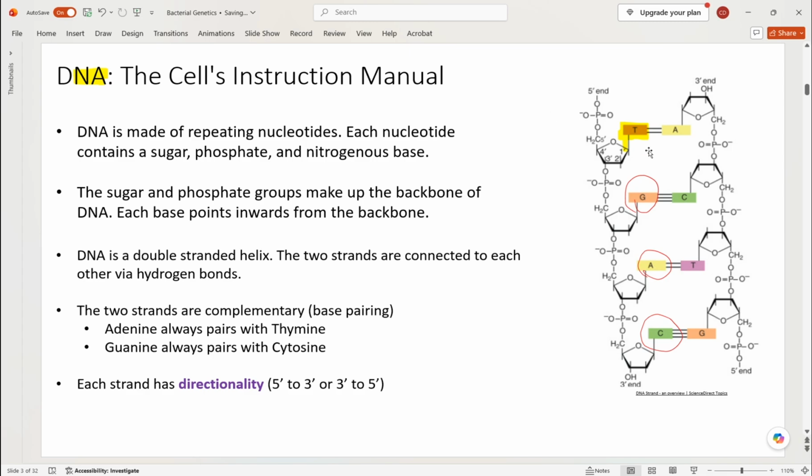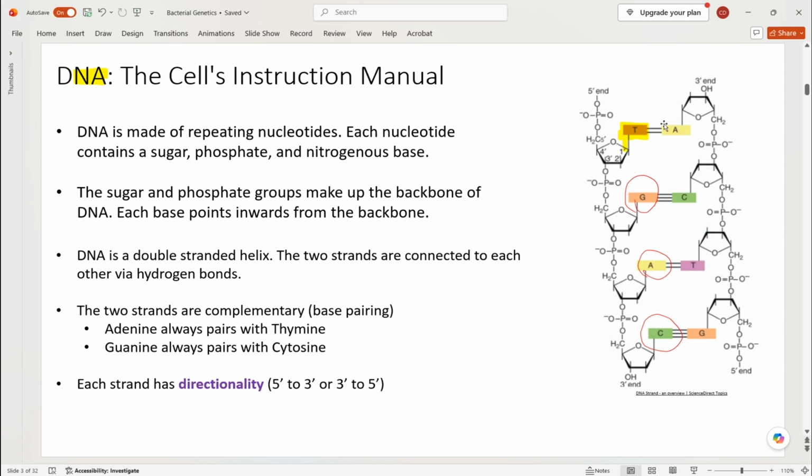Do you see how this thymine is attached to this adenine? This guanine is attached to this cytosine. Now, this picture is a tiny bit misleading, because it implies that there are covalent bonds between them, and that's not the case. These are actually hydrogen bonds.